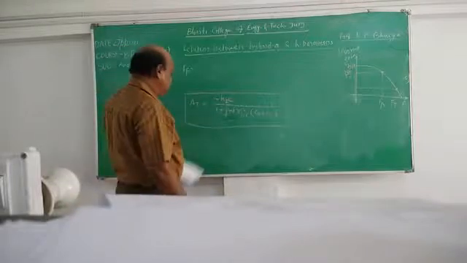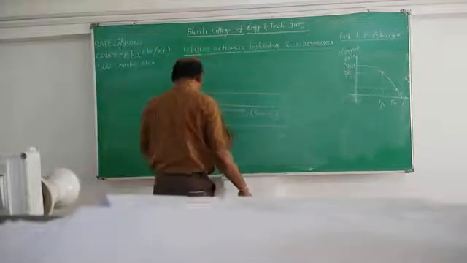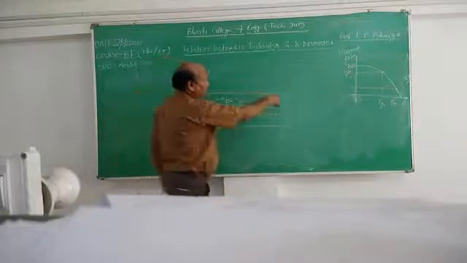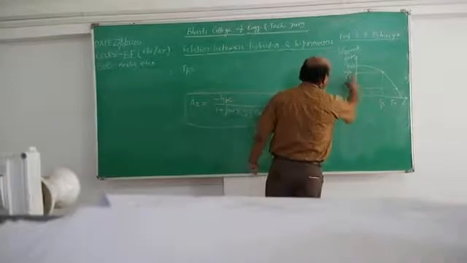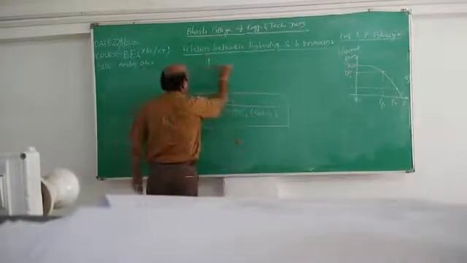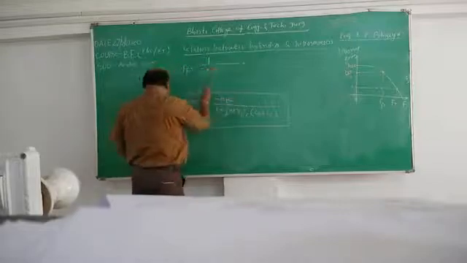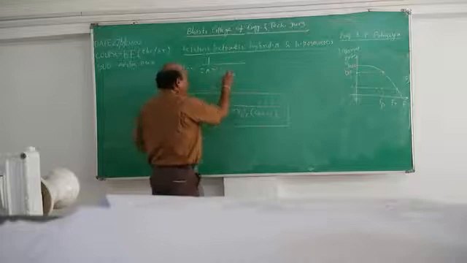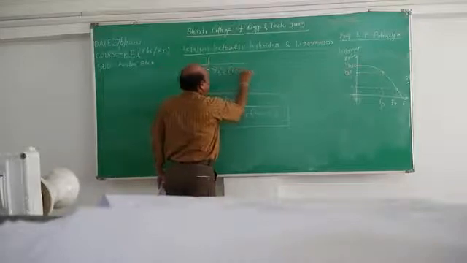I can write this as 1 upon 2 pi rb'e (Ce plus Cc). hfe becomes 1 by root 2. f beta is nothing but this, so f beta becomes 1 upon 2 pi rb'e into (Ce plus Cc).